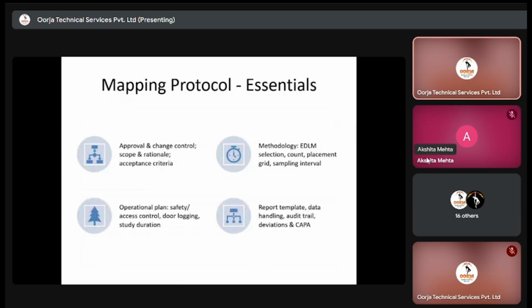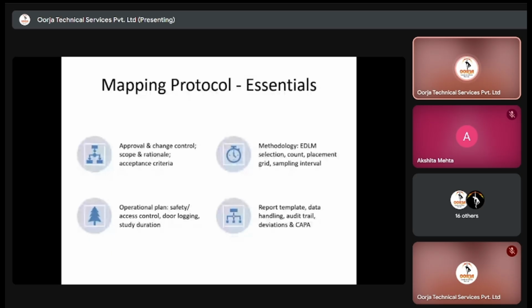Now, coming to the protocol part, here the most important part comes into the picture. Your mapping study is only as good as your protocol.